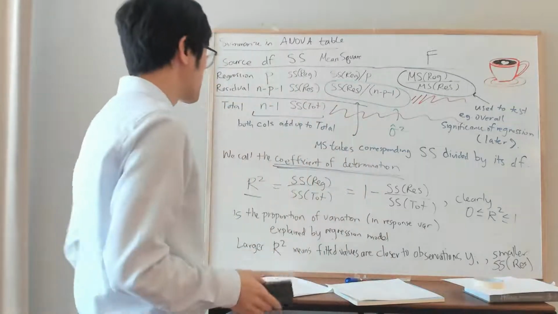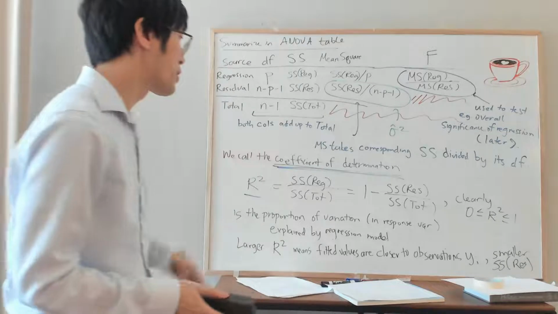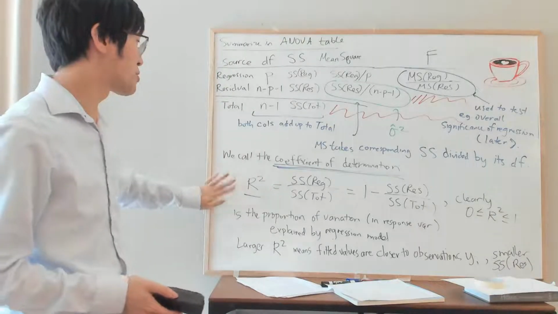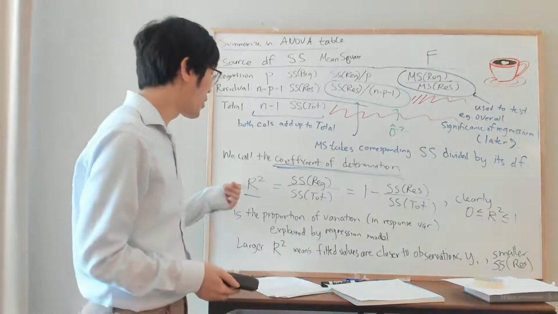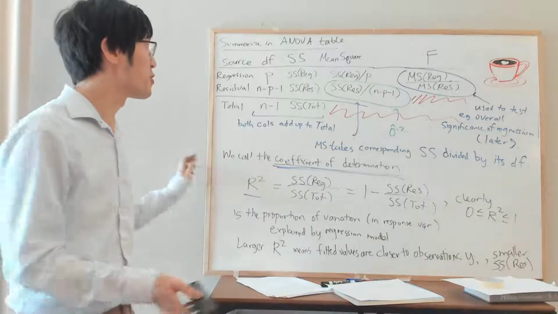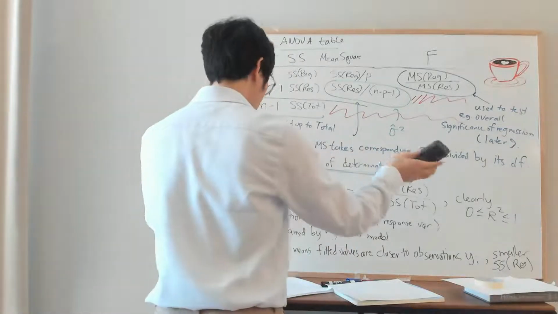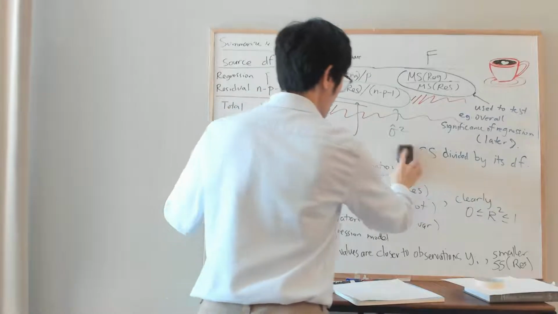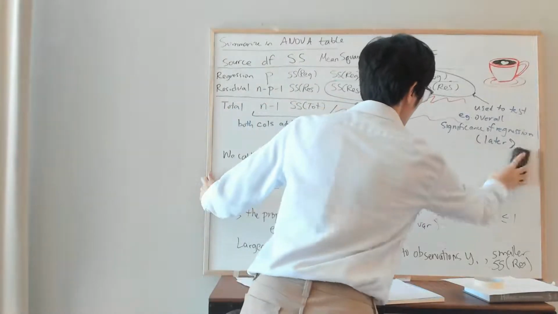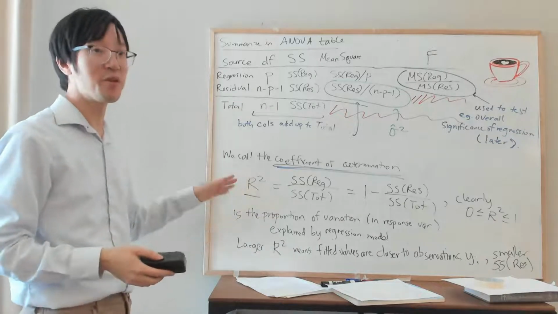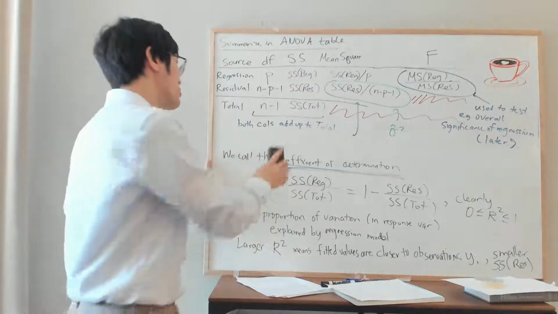Okay, and as a side note, this is why I asked you to do one of these exercises on your first homework. Now we can see why we call this R squared. As you were asked to show in your first assignment, R squared has a very nice interpretation, especially in the case of simple linear regression.